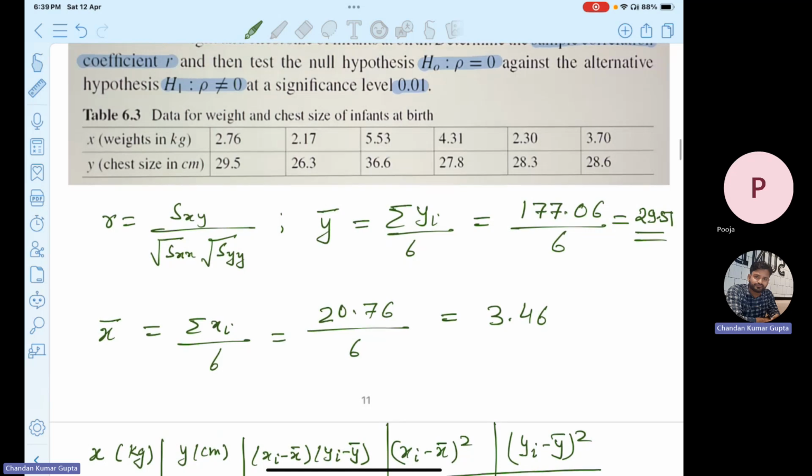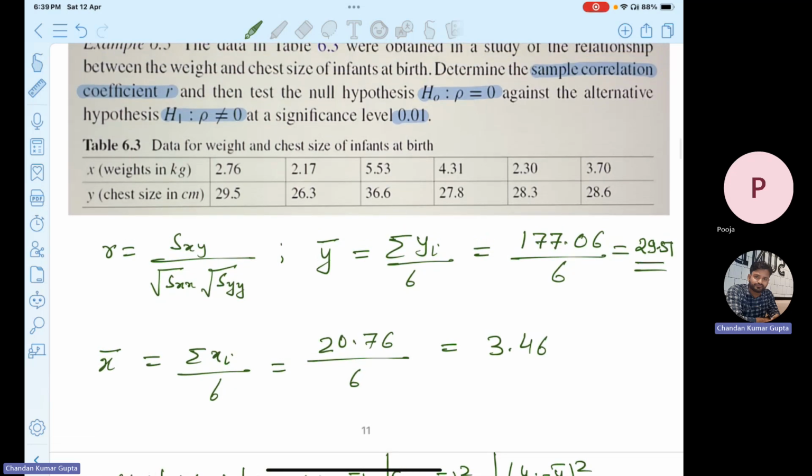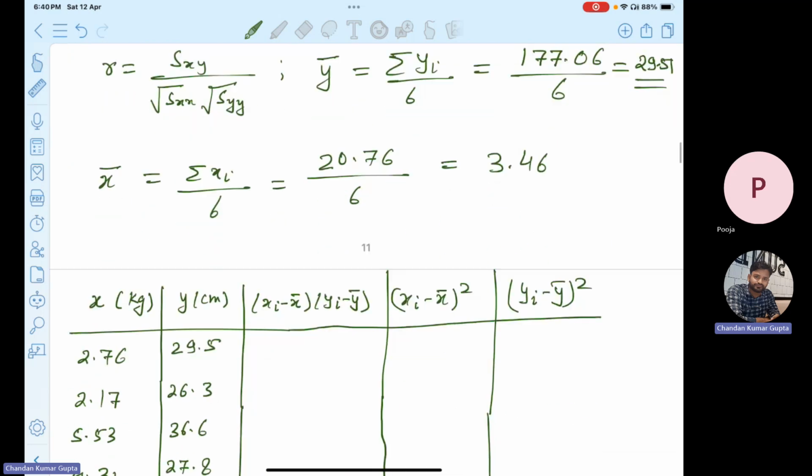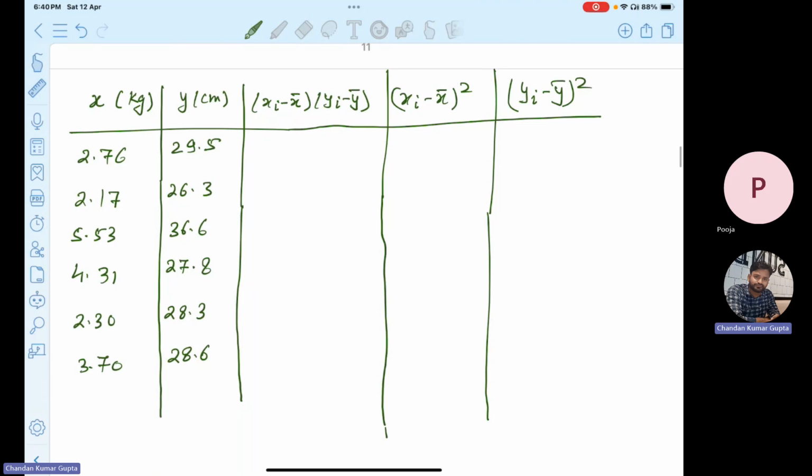Here we need to calculate the sample correlation. For that we need Sxy, which is the summation of xi minus x bar into yi minus y bar. Okay, so these are the table. Now we need to fill it. I have already written it down actually.